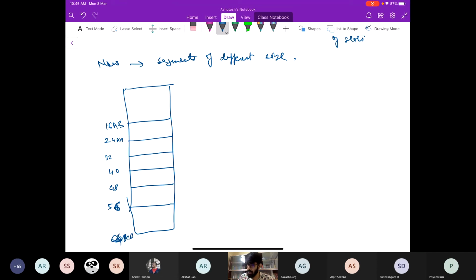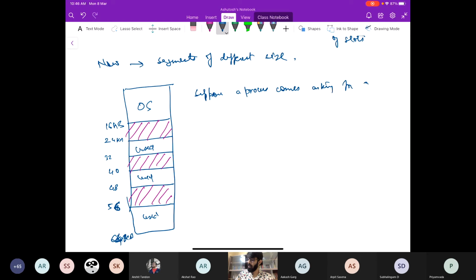Okay, and suppose this was free, and this was free, and all others were used. And this was the OS, right? So suppose a process now comes asking for 20 KB.